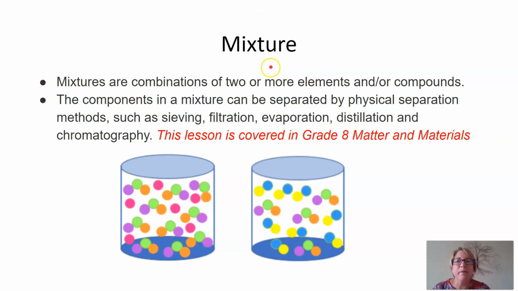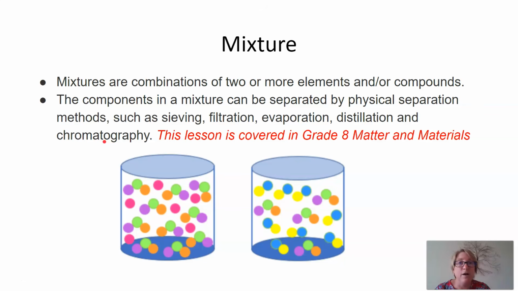So what then is a mixture? Mixtures are combinations of two or more elements, or mixtures are combinations of two or more compounds. In grade 8 and 9, Matter and Materials, you would have learnt how components in a mixture can be separated by physical separation methods such as sieving, filtration, evaporation, distillation, and chromatography.